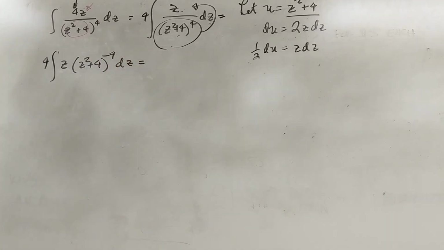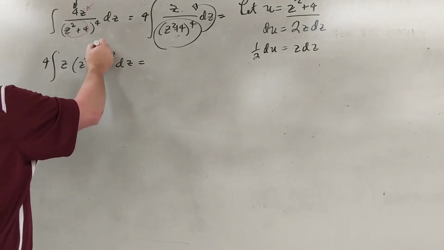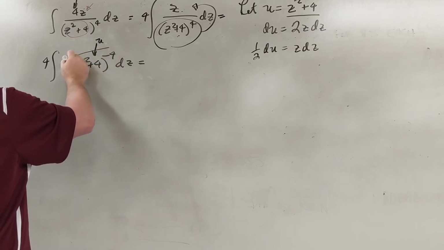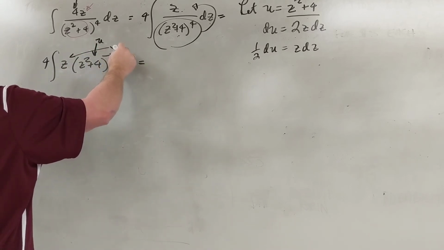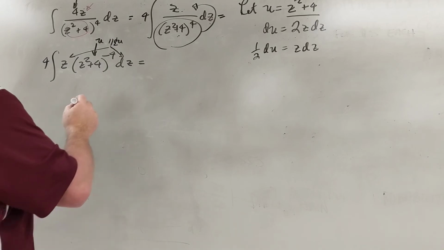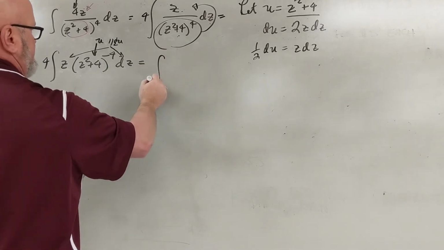All right, and now I'll substitute in my u's. This part inside here is my u. This z together with this dz is my 1/2 du.